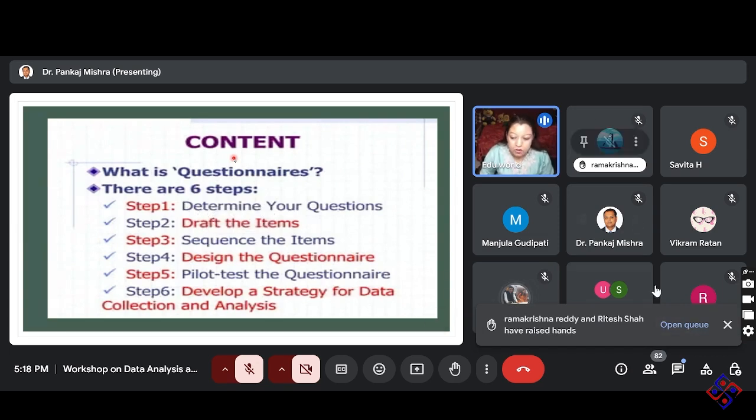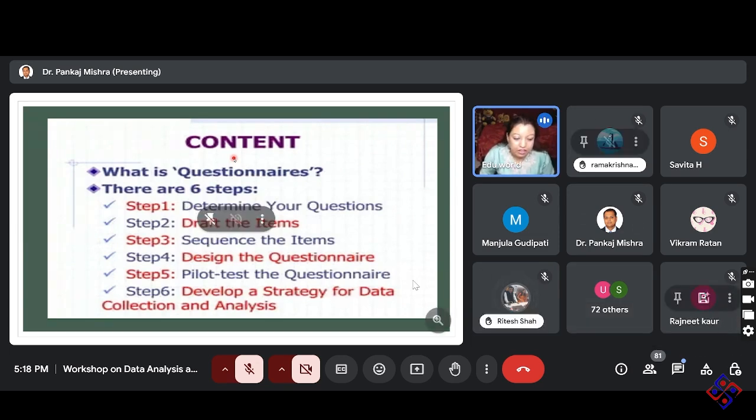Many times we are very much confused whether we should use this kind of question or this kind of statement for our research, or what kind of items we must include in our study. For that, we have to see our research questions, the research objectives, as well as the hypothesis. Based on those, we have to select the items for the tools that we are actually using. If it is a questionnaire, mostly we use the structured questionnaire. And even in the structured questionnaire, there are also open-ended or closed-ended questionnaires.